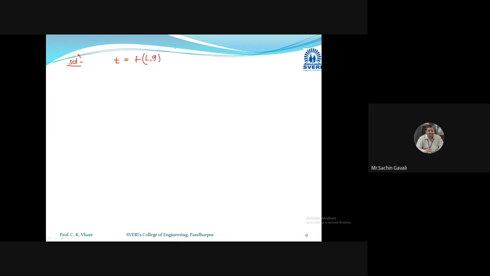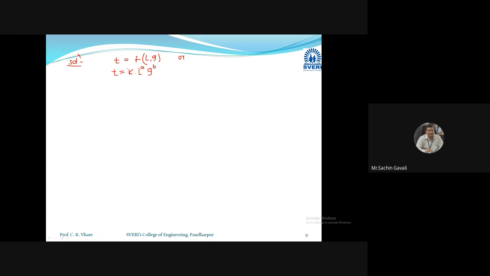Or how can we write according to Rayleigh's theorem? Suhas or anybody, unmute and tell. How can we write T? We want the relationship between T, L and G. So T is equal to K into L raised to a and G raised to b.